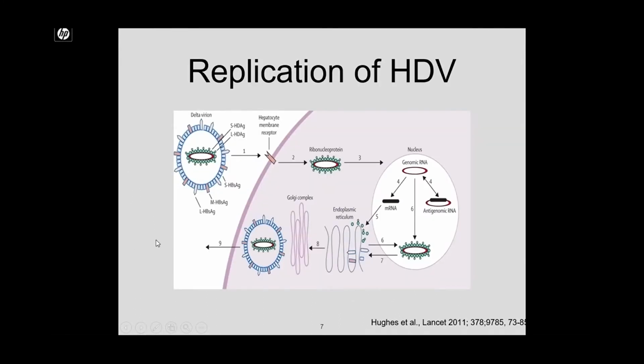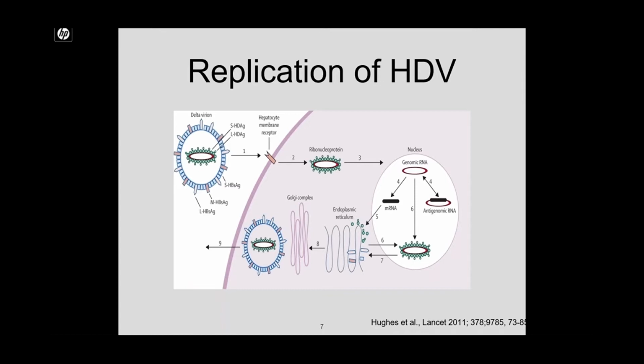It's important to have some points about the replication of the hepatitis D virus. This is the ribonucleoprotein as a whole. As we have said, these are the small and large hepatitis D antigens surrounded by the hepatitis B surface antigen with its glycoproteins, part of the envelope. The initial phase is related to the entry of the virus. In 2012, Yan identified the receptor, which is the entry for the hepatitis B virus and also the hepatitis D virus.